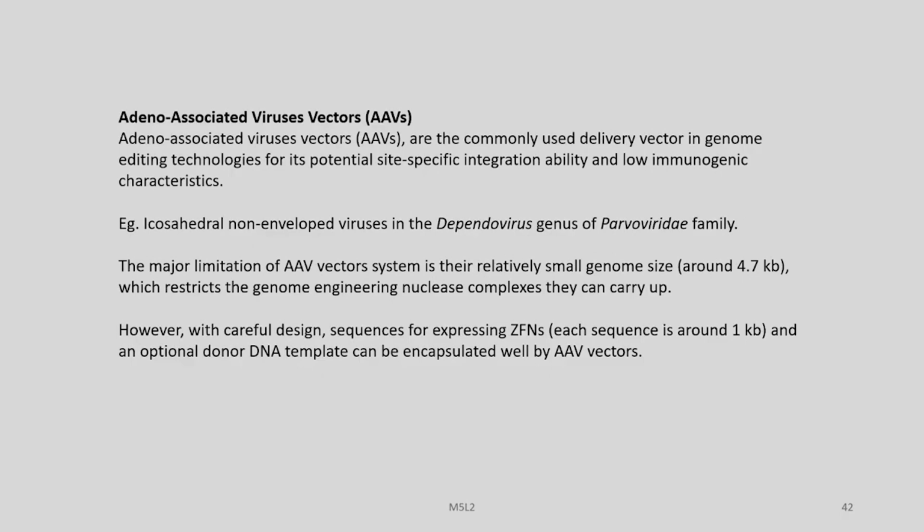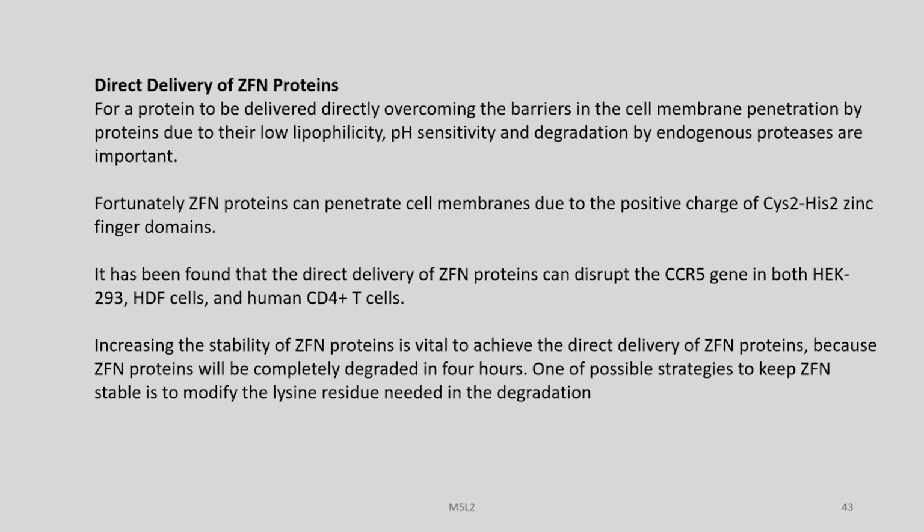Some examples of these are icosahedral non-enveloped viruses in the Dependovirus genus of the Parvoviridae family. However, it also has certain limitations. The major limitation of the AAV vector system is their relatively small genome size, around 4.7 kb, which restricts the genome engineering nuclease complex that they can carry. However, with careful design, sequences for expressing ZFNs, each sequence around 1 kb, and an optional donor DNA template can be encapsulated well by the AAV vectors.